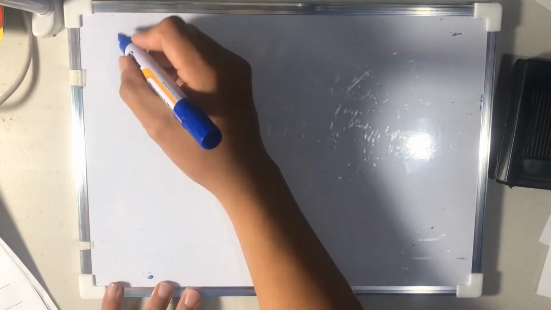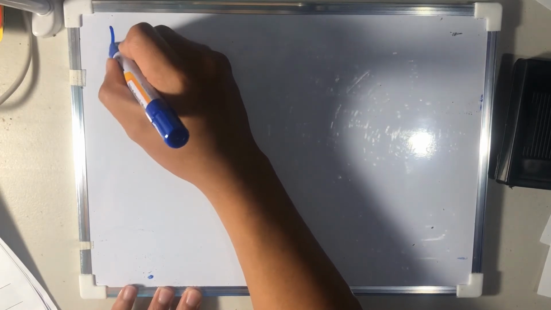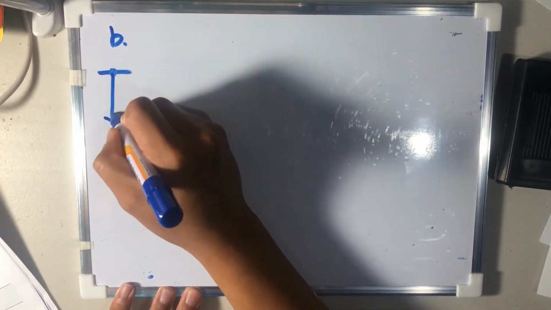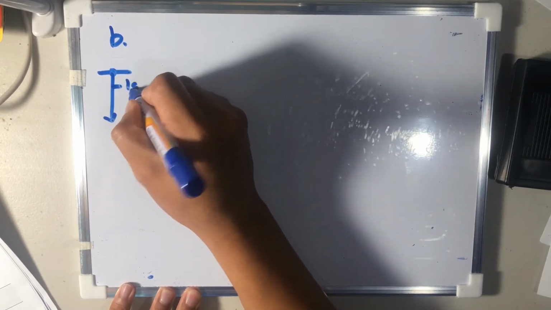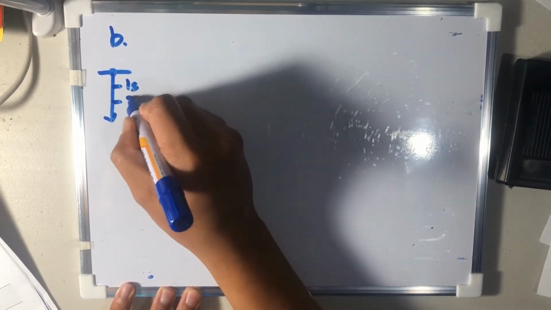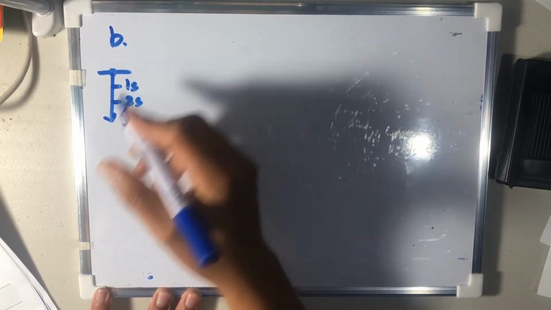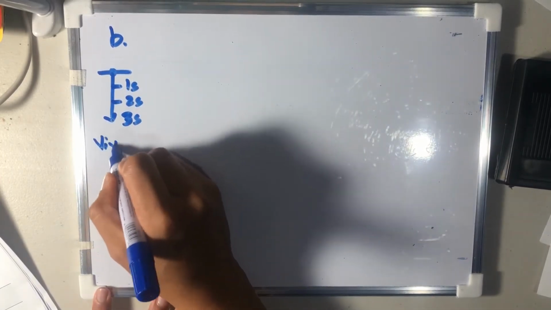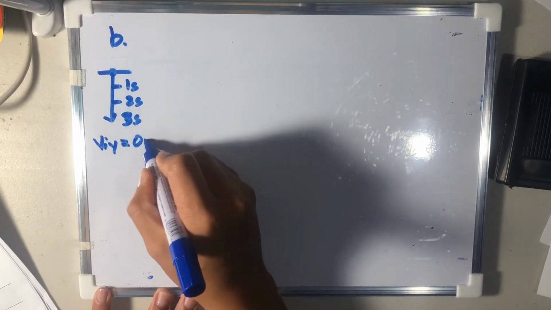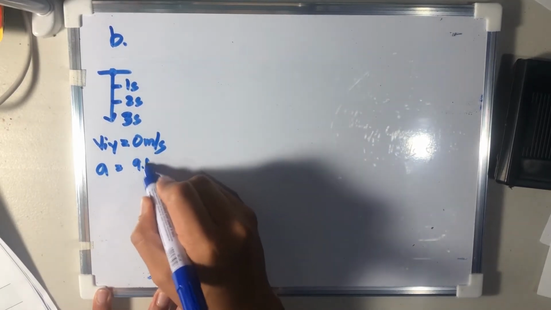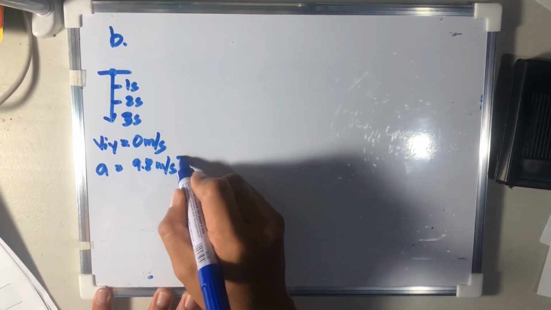We will now proceed with sample problem 1, letter B. We know that the stone is dropped. Then we are going to solve for its displacement after 1 second, after 2 seconds, and after 3 seconds. We know that the initial velocity along the y is 0 meter per second, and the acceleration is 9.8 meter per second squared.